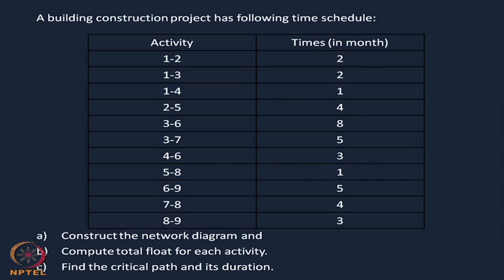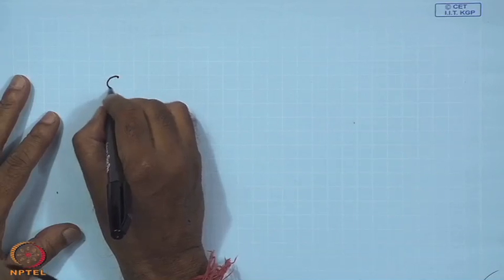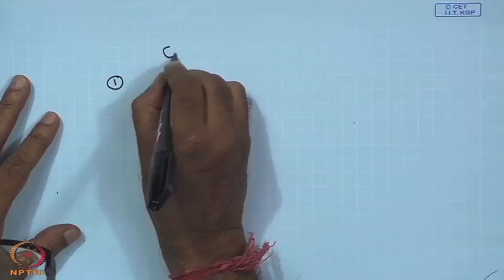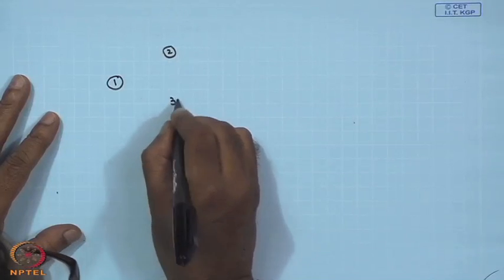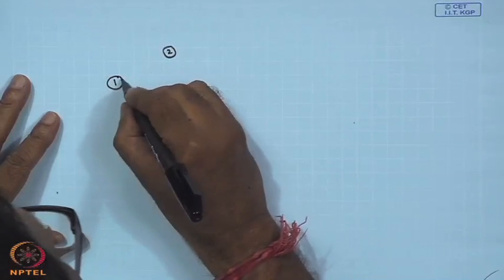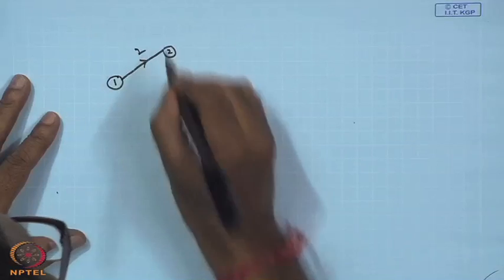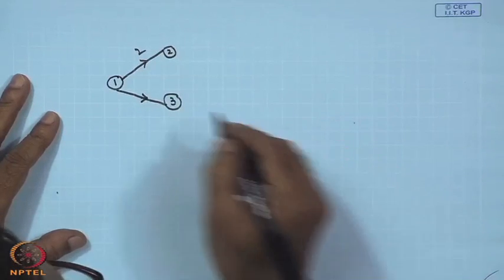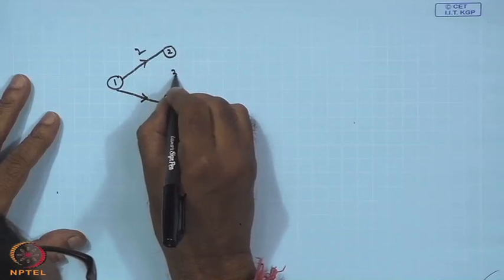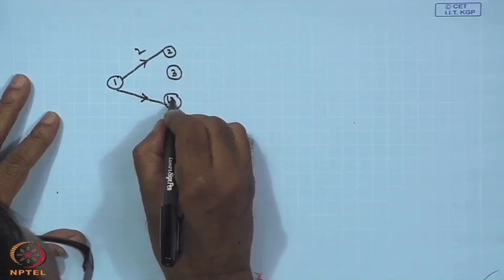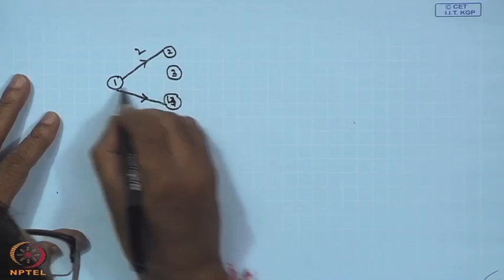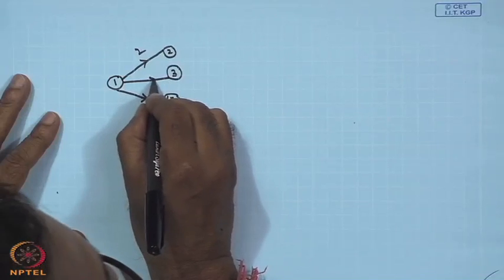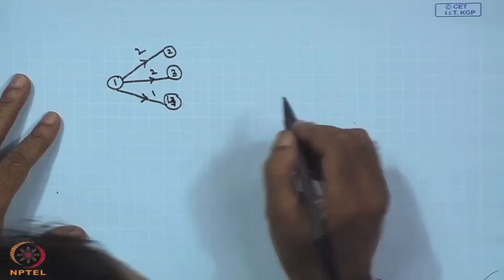So, for these particular activities I am just drawing first the diagram. 1 2, you can match it with the problem. 1 2, this is your, let me make it 3, let this one be 4, this is 2, this is 1.